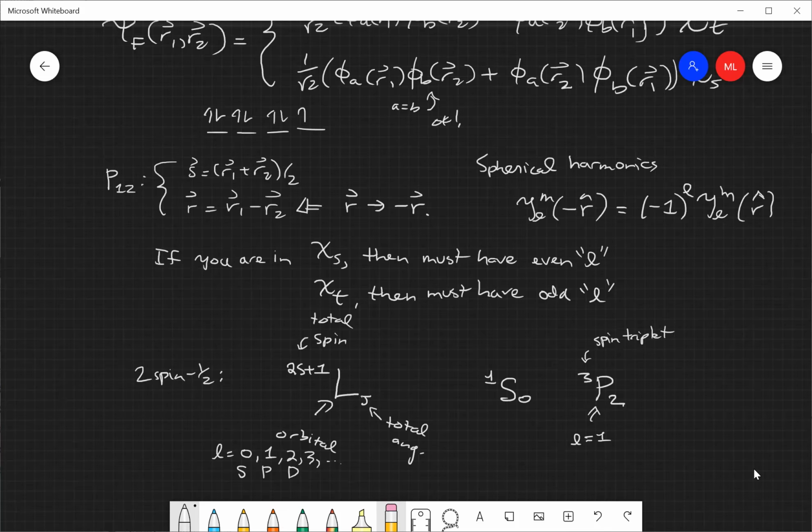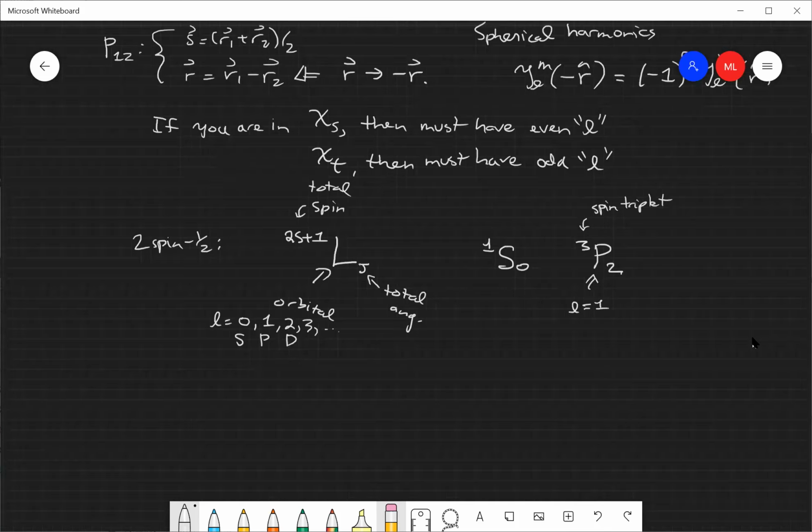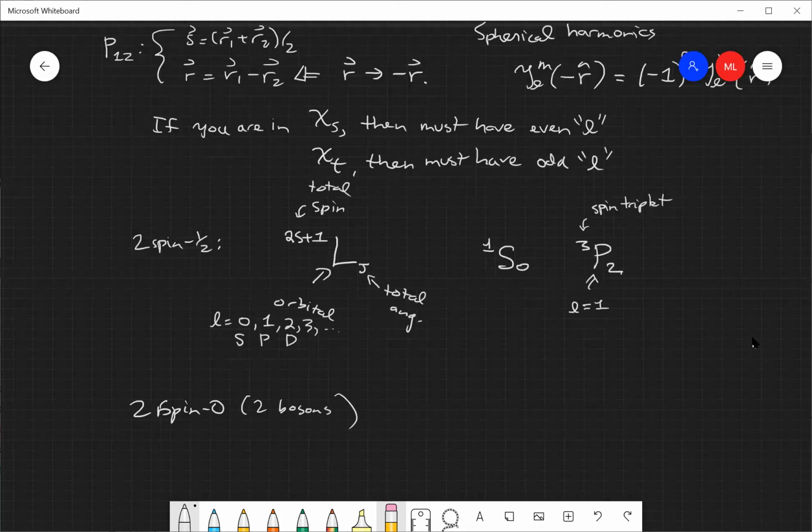So that's for two spin 1/2s. Of course, for two spin 0 particles, it's very easy. For spin 0, that's a full integer. 0 is an integer, so that must be two bosons. So for two identical spin 0 particles, you always have even L, right?